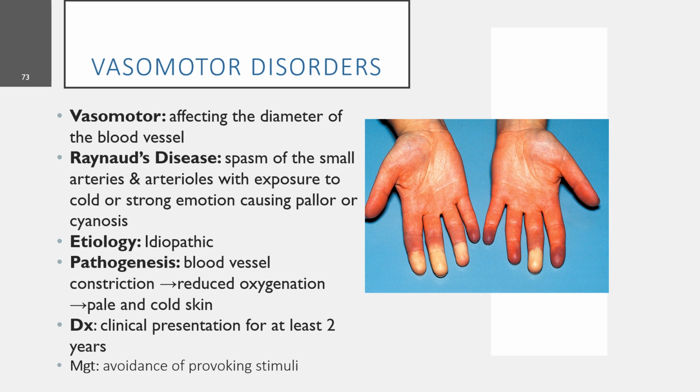Pathogenesis and clinical manifestations: there is blood vessel constriction and reduced oxygenation, leading to pale and cold skin. Scientists theorize that Raynaud's phenomenon is associated with a disturbance in the control of vascular reflexes. Diagnosis is based on clinical presentation for at least 2 years.